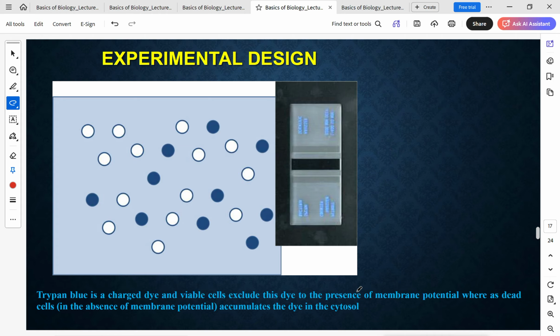It can't enter live cells because there is absence of membrane potential in the dead cells. If a cell is dead, it can enter it, then stain it blue. So you can use a hemocytometer or even a normal dish after addition of trypan blue to see if your cells are blue or if they haven't taken up trypan blue.